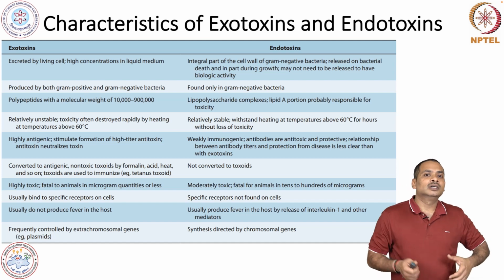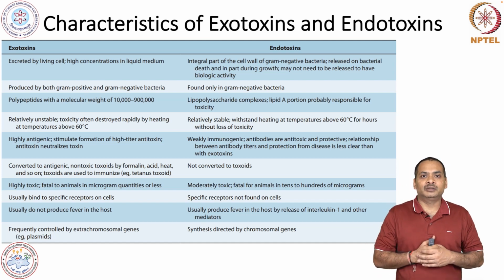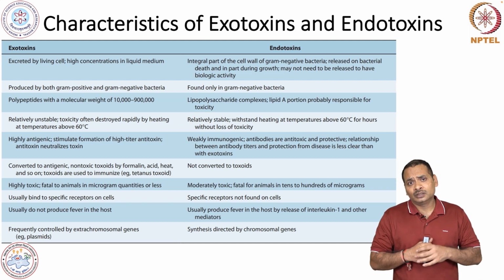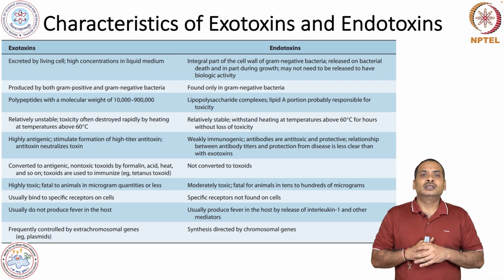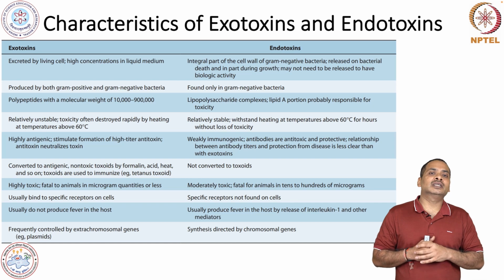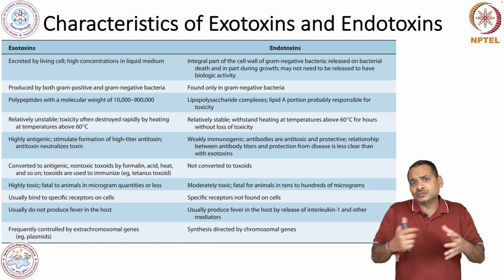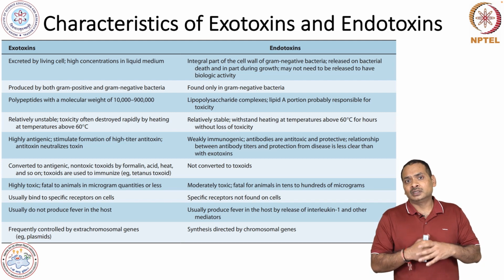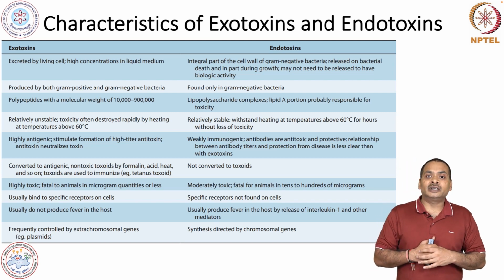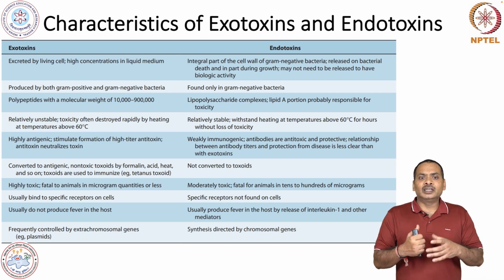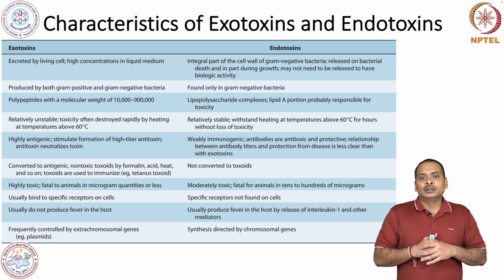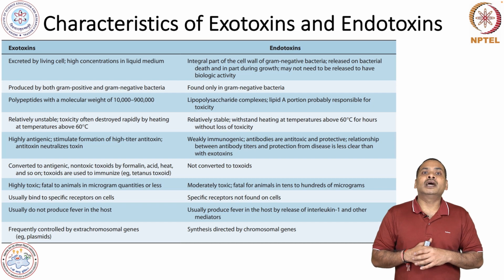If you culture these bacteria, they will produce it in very high amounts. On the other hand, the endotoxin, which is mainly the LPS, is an integral part of the cell wall. The outer membrane consists of endotoxin, that is LPS, mainly in gram negative bacteria. It is released on bacterial death and in part during growth, but may not need to be released to have a biologic effect.